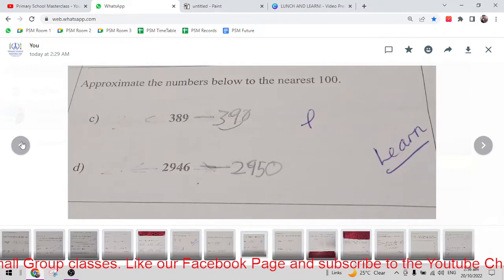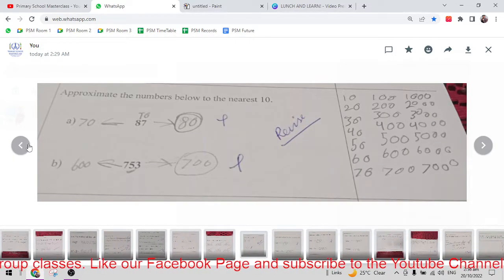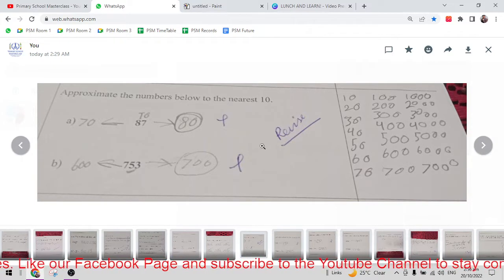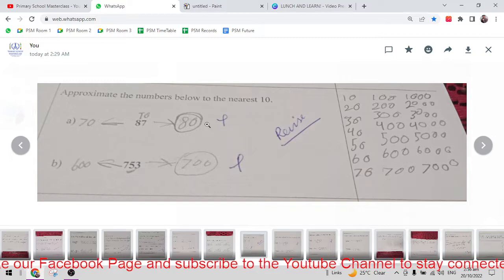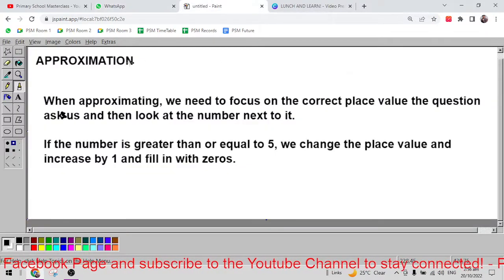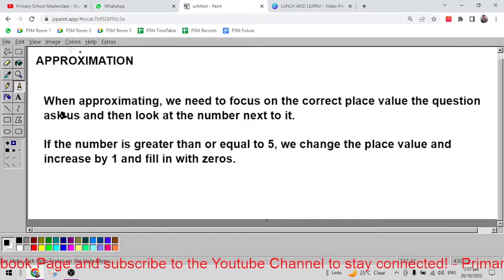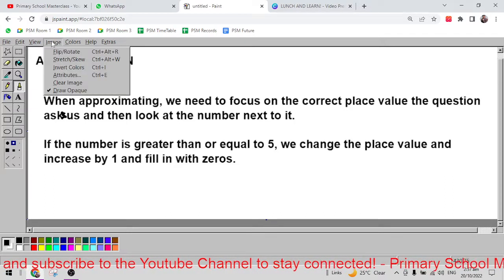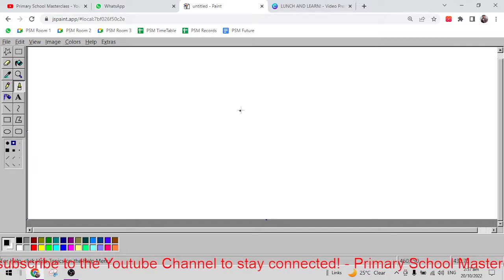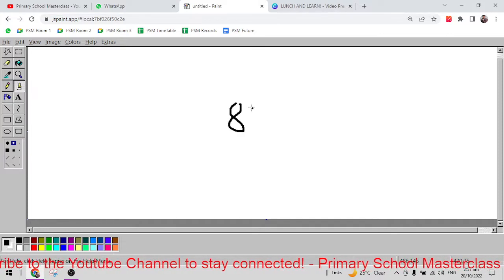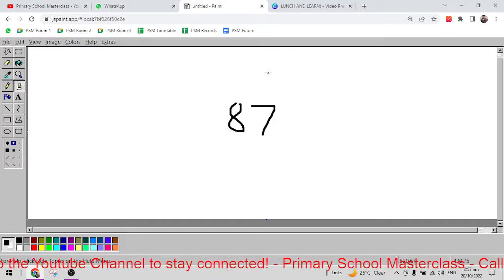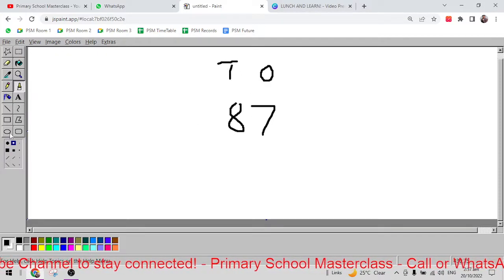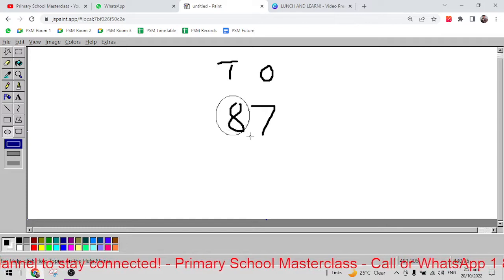Approximate the numbers below to the nearest 10. If I look at the number 87, I'm gonna leave this note up here. You can pause and write it down on your own time. If I have the number 87 and I want to approximate to the nearest 10, this is the ones, this is the 10. The 10 is the place value in question.